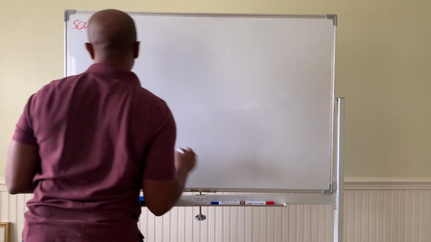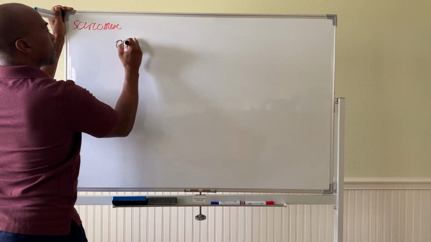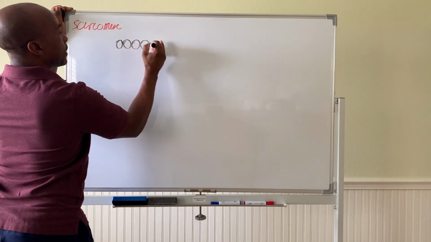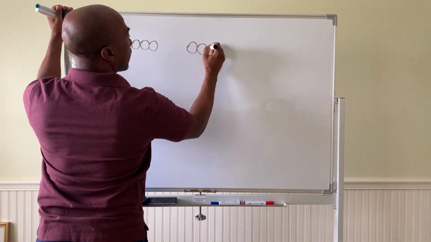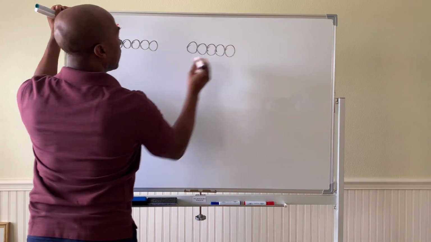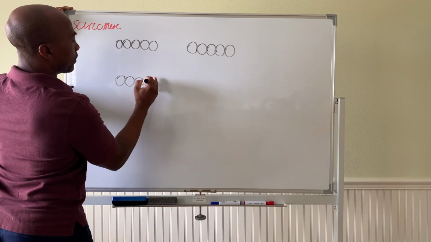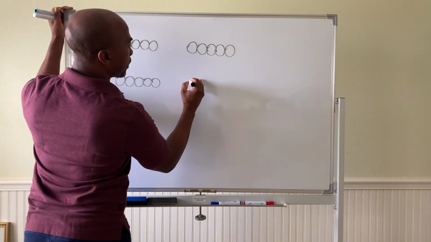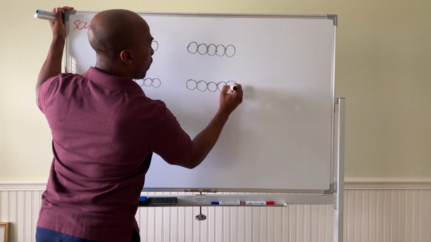So let's begin with your actin. So actin here, and over here, actin. Here again, actin. So you always have your thin myofilaments overlapping the thick ones.